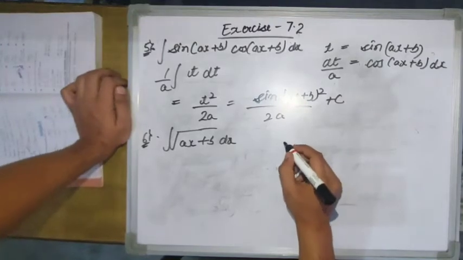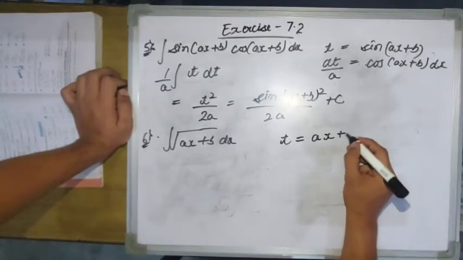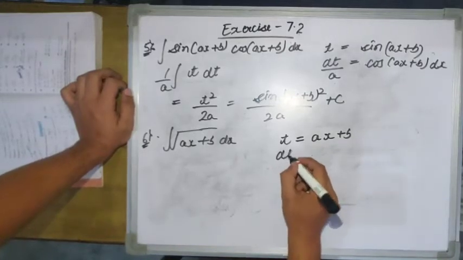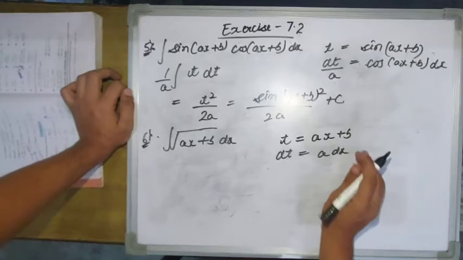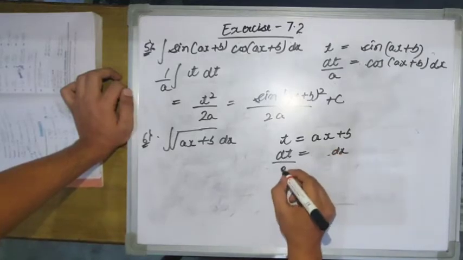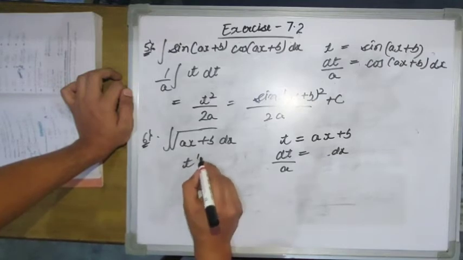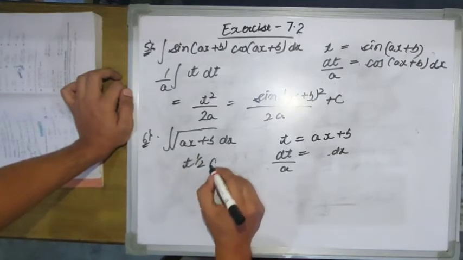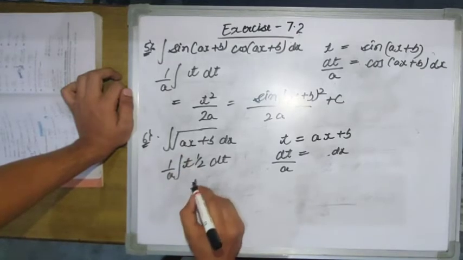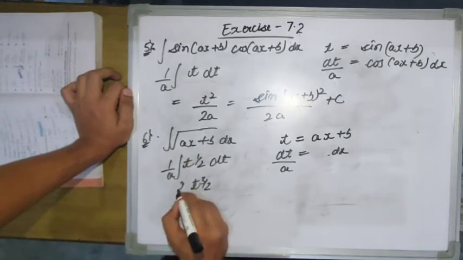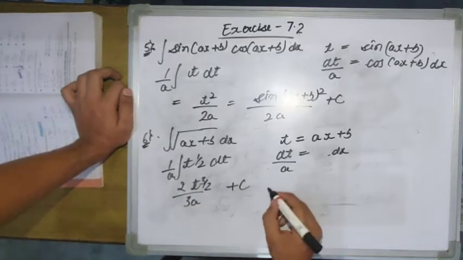I am going to put t equals ax+b, so dt equals a dx, and dt upon a equals dx. Then we have t raised to power 3 by 2 upon 3a plus c.